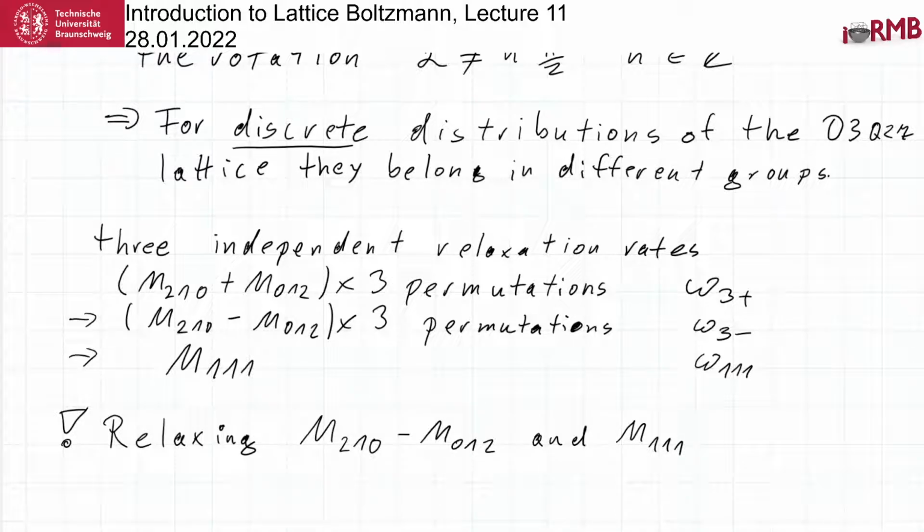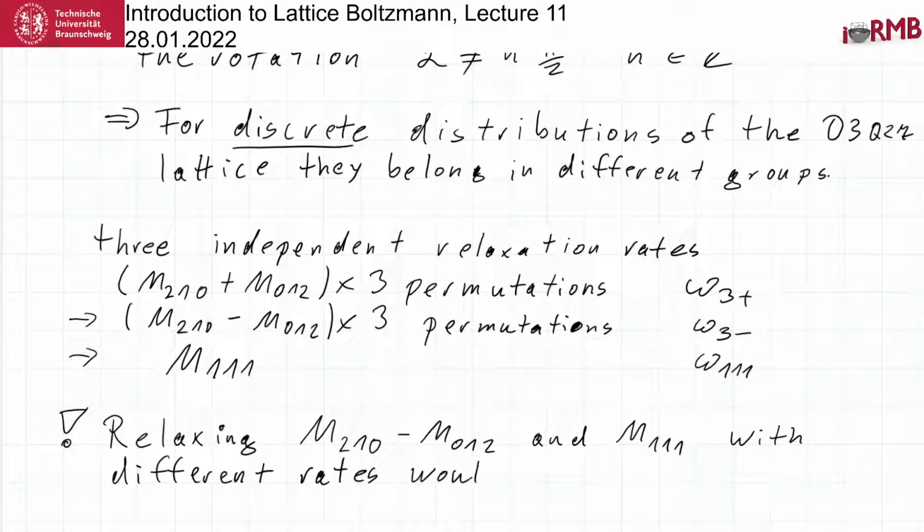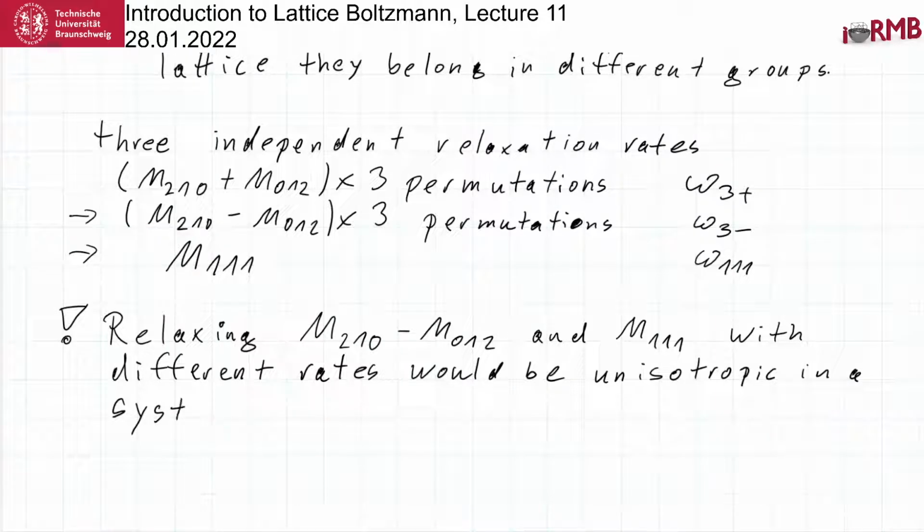Relaxing M210 minus M021 and M111 with different rates would be anisotropic in a system with an infinite number of velocities. So this sounds like you should not do it.